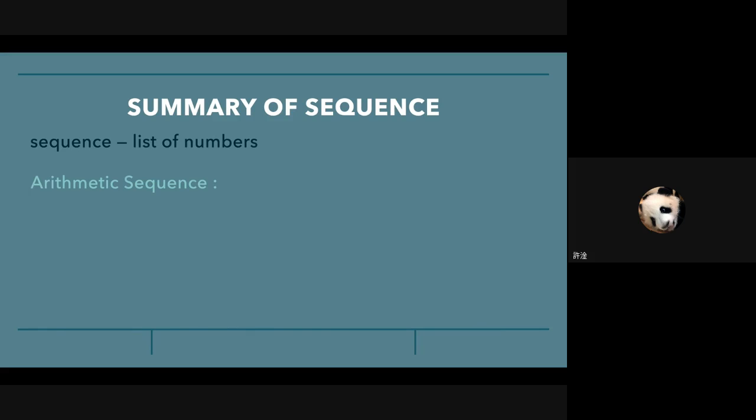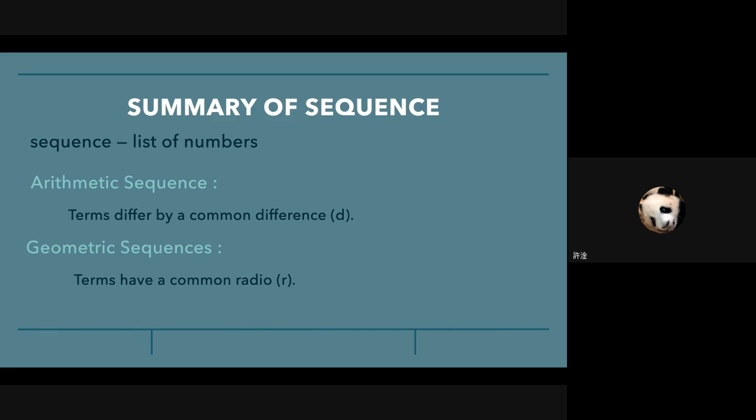The first one is the arithmetic sequence, which means the terms differ by a common difference, and we write it as d. The second typical sequence is the geometric sequence, which means the terms have a common ratio. I think in my video I have already shown you some examples, and it's not so difficult to understand.